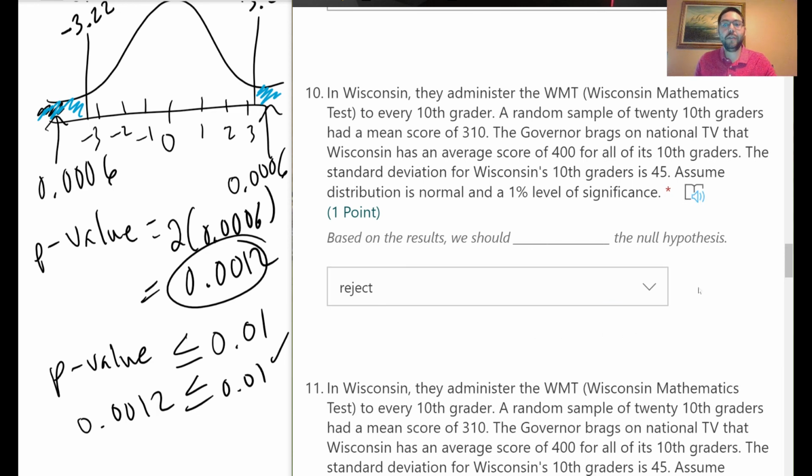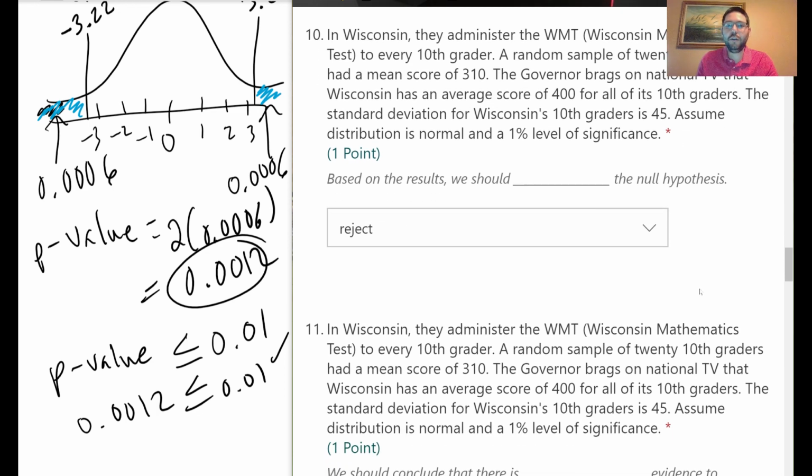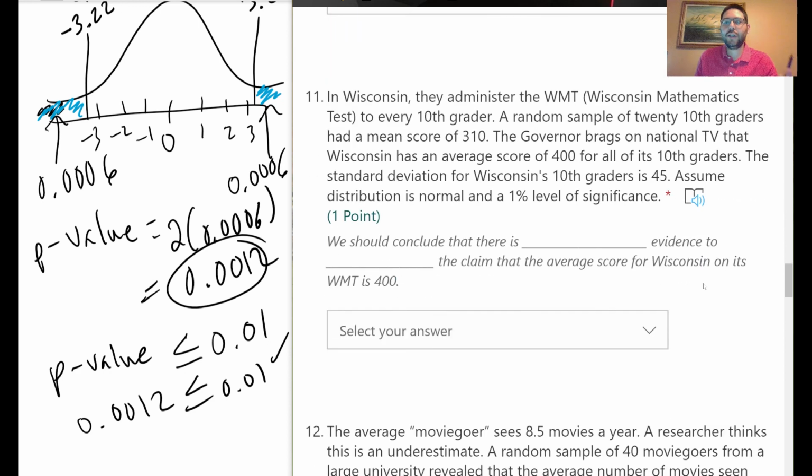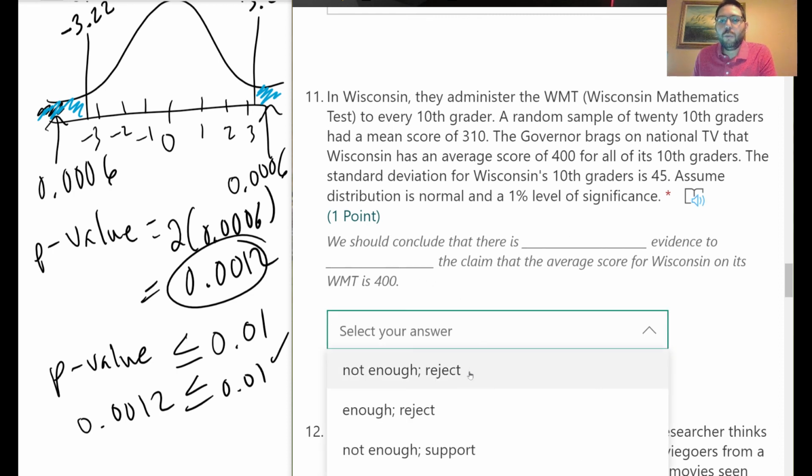That means we have enough evidence if our p-value is that low. A small p-value is a good thing if you're trying to have enough evidence. So we should conclude that there is enough evidence, since we rejected. Now, the claim belonged to the null hypothesis, which means that we're going to use the word reject instead of support, okay? So we have enough evidence to reject the claim.